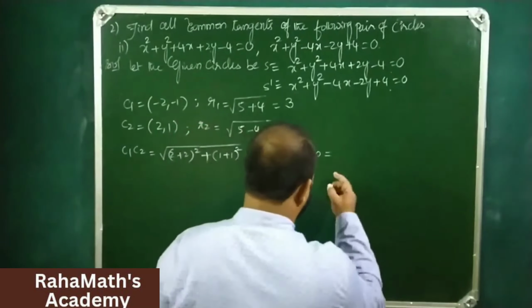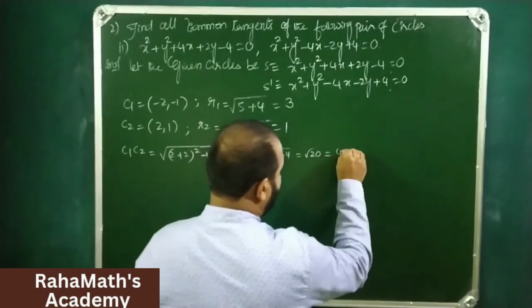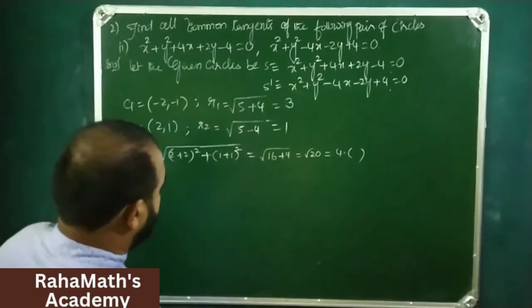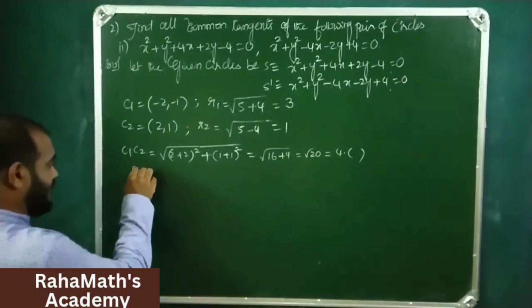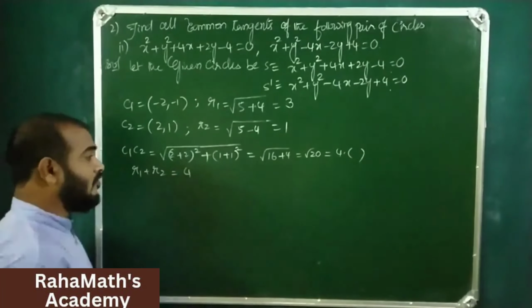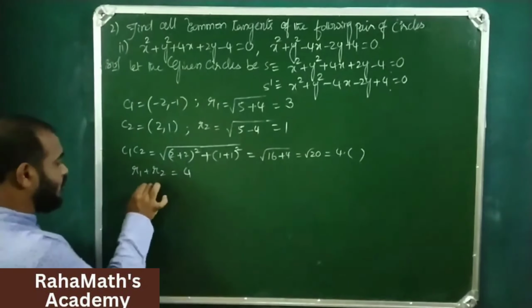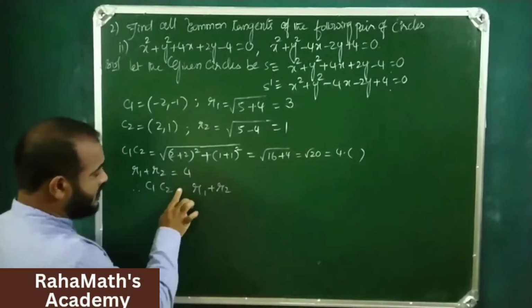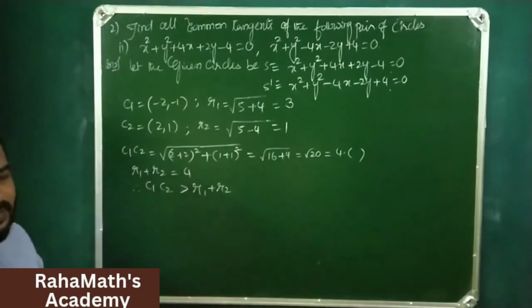Okay, so otherwise, more than root 16, it is 4 point something. Now R1 plus R2 is equal to 3 plus 1, 4. No, C1 C2 is greater than R1 plus R2.